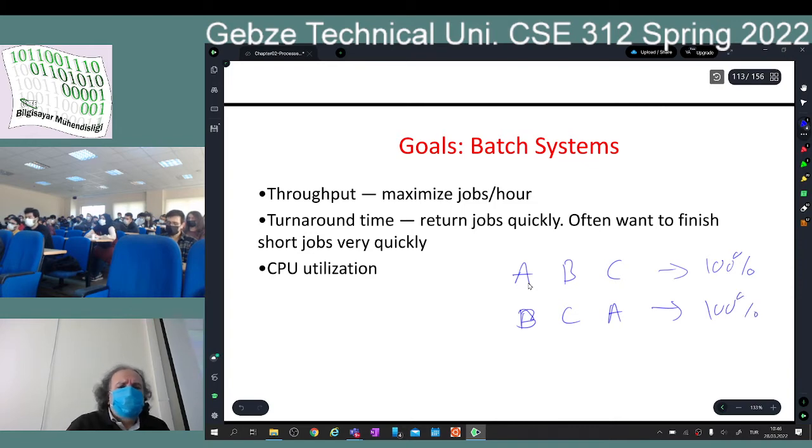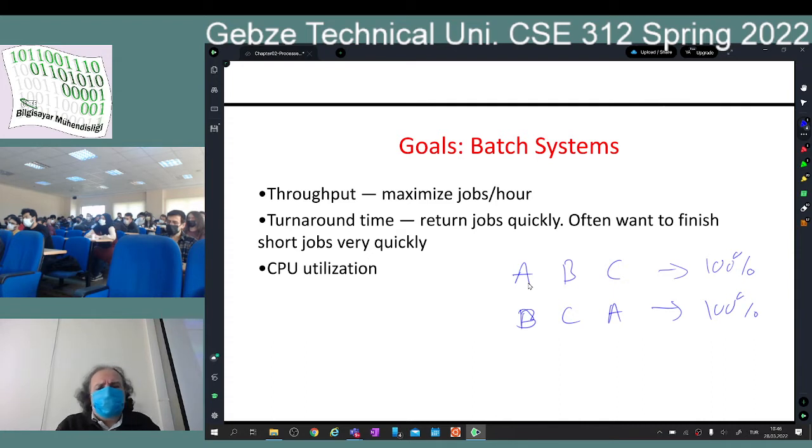So it looks like, assuming that I don't have any blocking and that kind of stuff, it doesn't really matter. So what is the decision? What am I basing my decision on in this case? What is the difference between ABC and BCA?